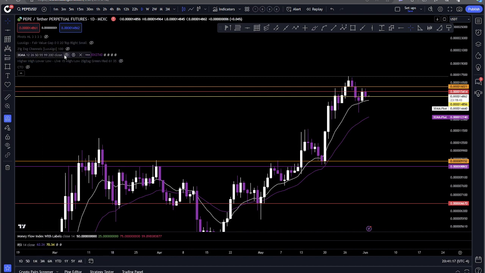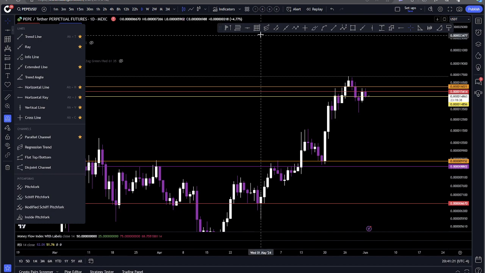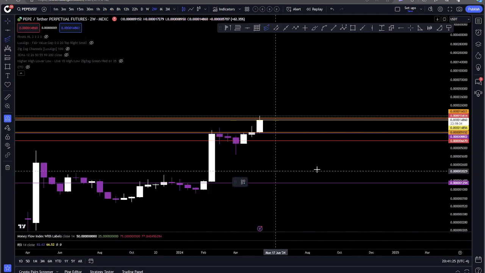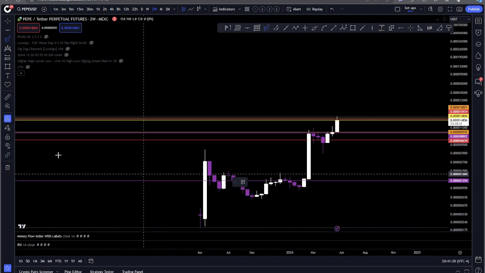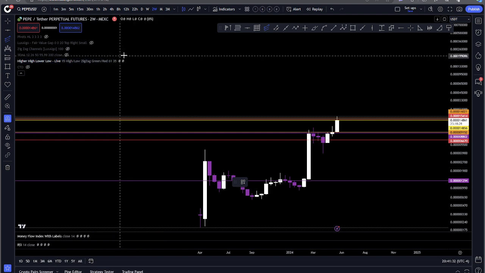I use the fib channel a lot, and I think it's beautiful in higher time frames again to understand where the flow of the chart is going. I believe everything's energy, and that's how I chart.